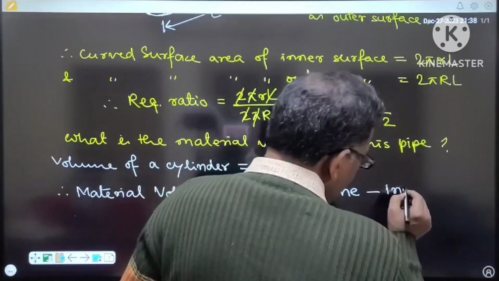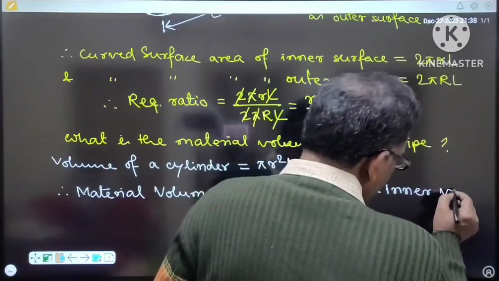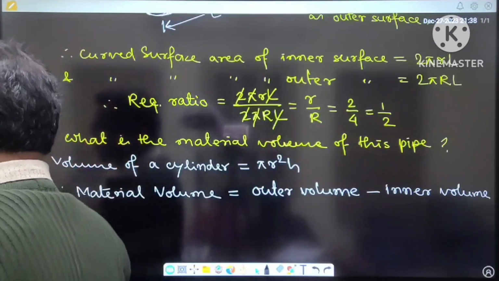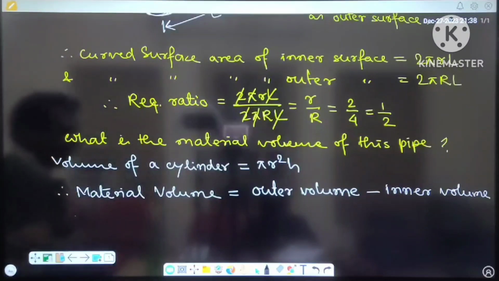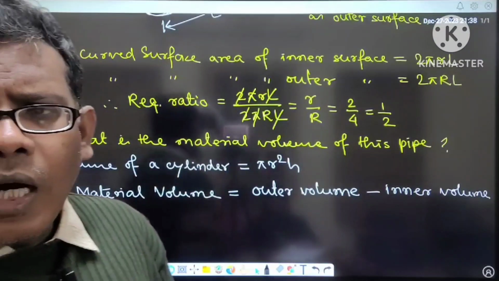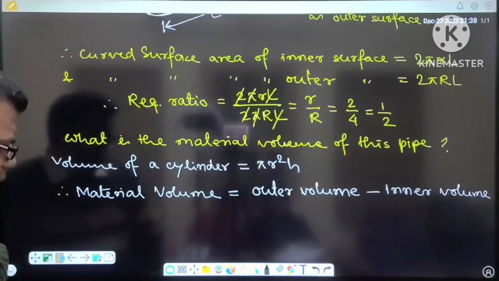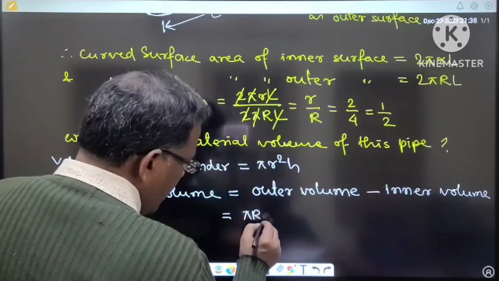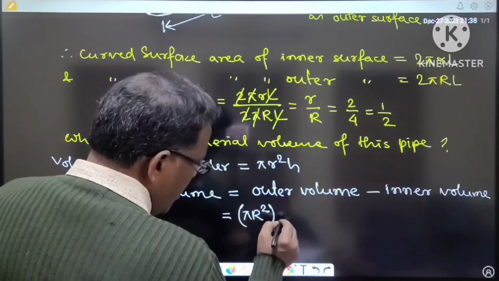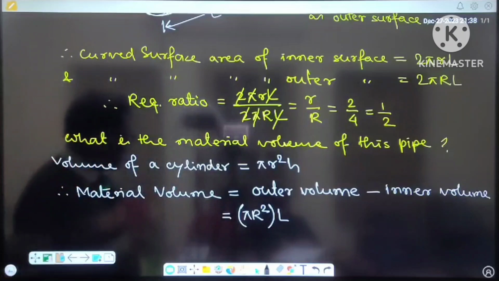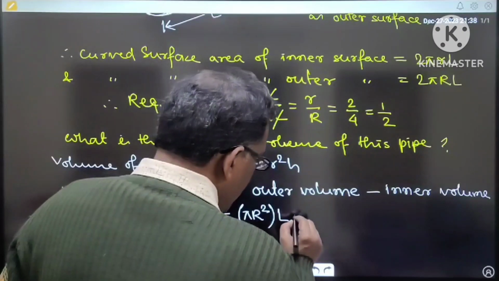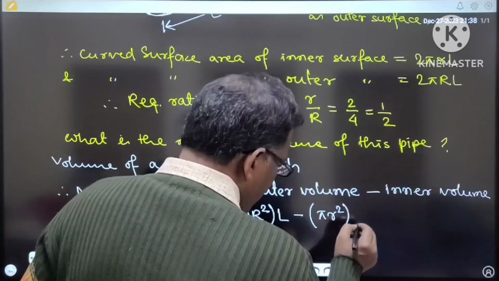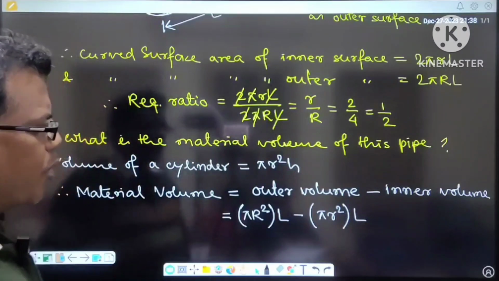In general form we can write outer volume minus inner volume. Are you getting me or not? Outer volume means outer surface cross section, which will be pi into capital R square, into length, minus inner surface cross section based on radius small r, so pi r square into L.